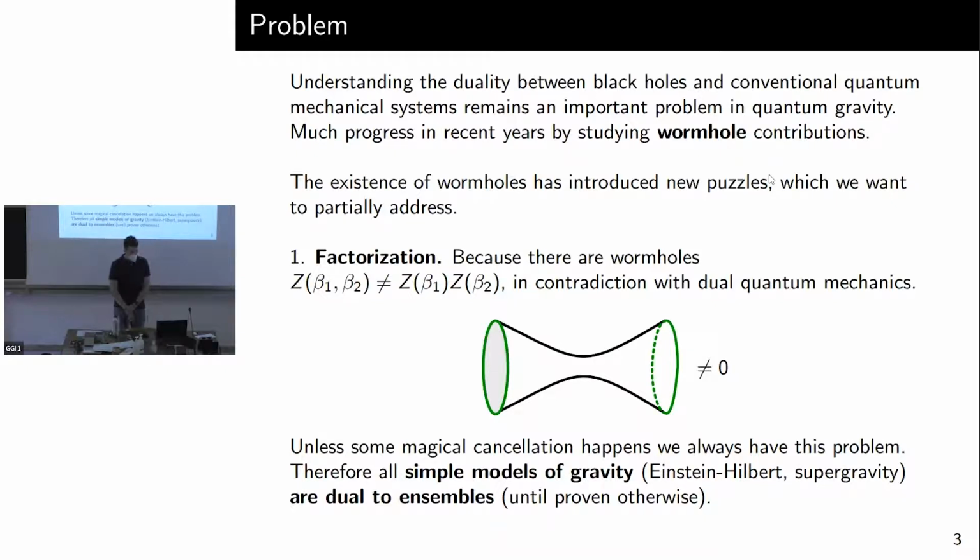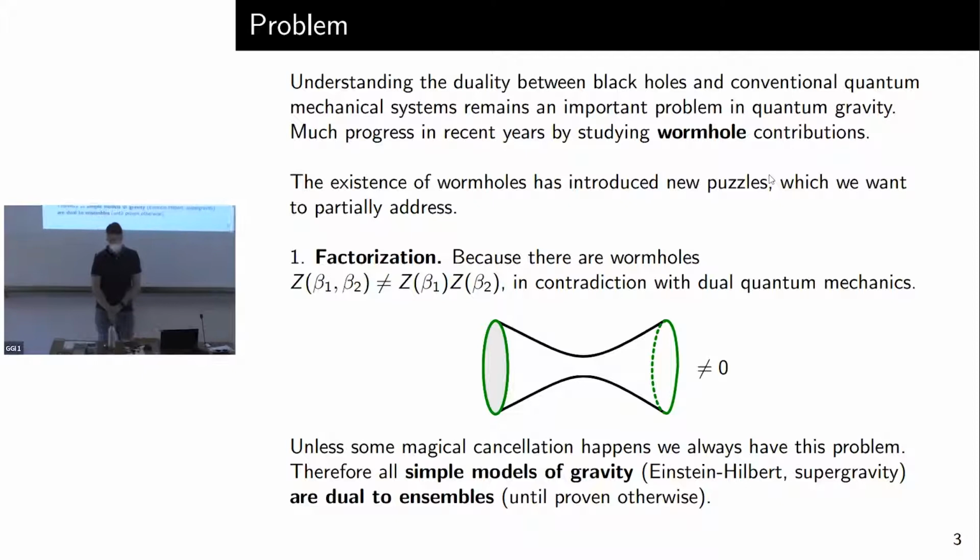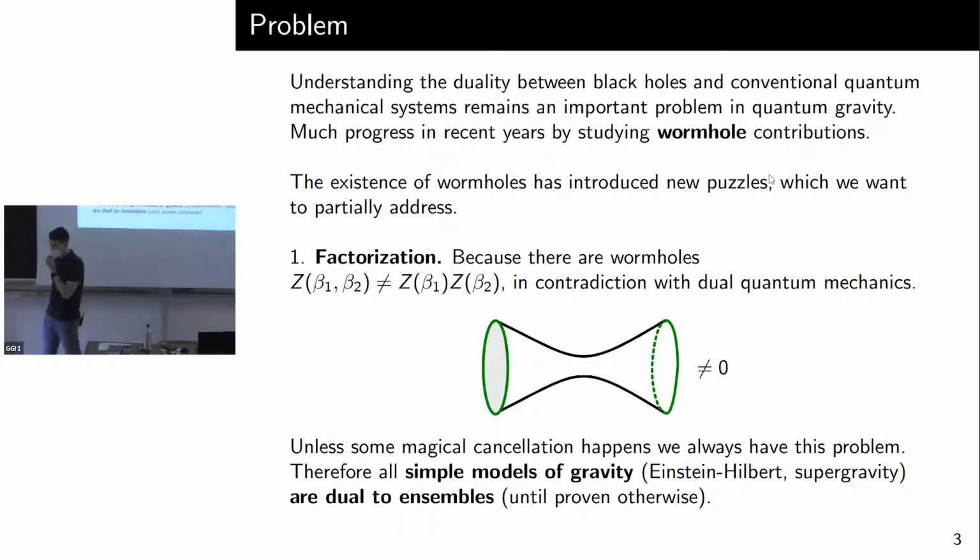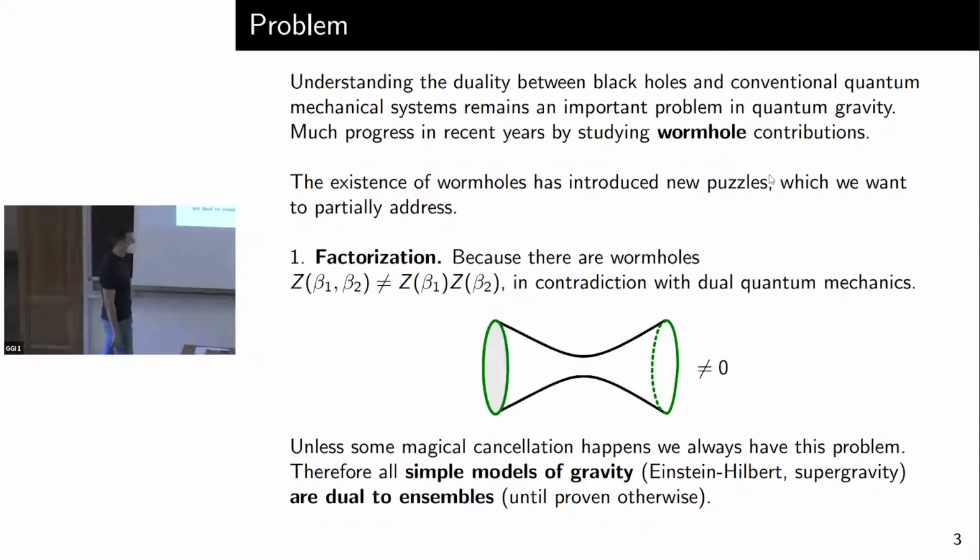And there's been much recent progress over the last couple of years, in particular, I would say by studying wormhole amplitudes or wormhole contributions in various forms and shapes. However, the existence of wormholes has also introduced new puzzles, and I'd like to address one of those puzzles today to the degree that it's possible.